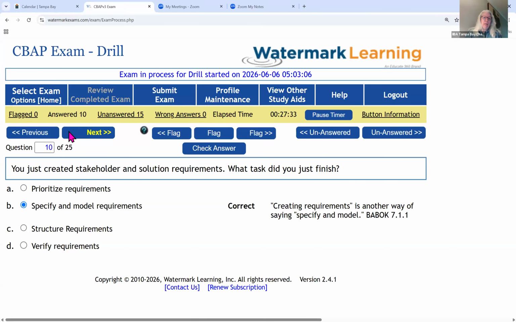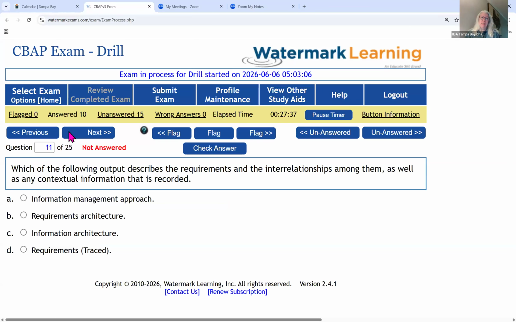Which of the following outputs describes the requirements and interrelationships among them, as well as any contextual information that is recorded? So it's the output. Is this our information management approach, requirements architecture, information architecture, or requirements traced? Which one can we eliminate? Eliminate requirements trace. Okay.